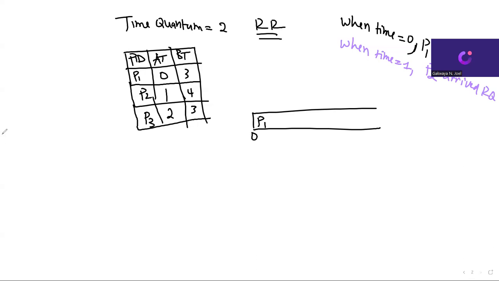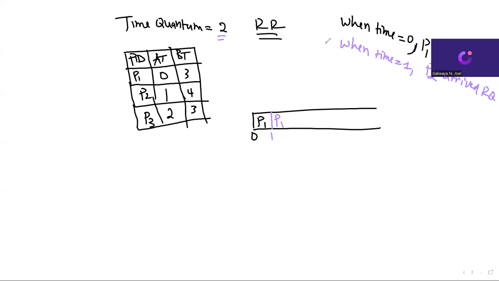When we reach the time which is equal to 1, P2 arrived. But the time quantum is what? Is 2. So P1 will continue here till time becomes 2.